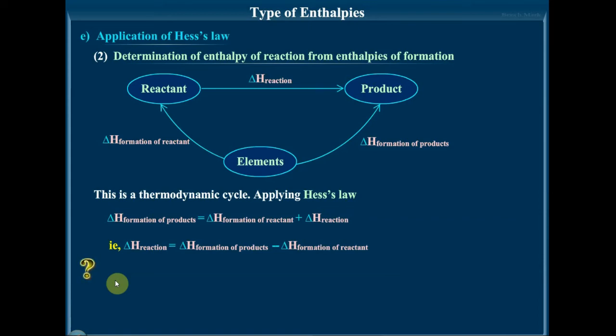It is given here as delta H reaction. This is all what you have to understand. Delta H of any reaction can be calculated if the formation of the products and formation of the reactants is given in the question. It is equal to the delta H formation of products minus delta H formation of reactants.